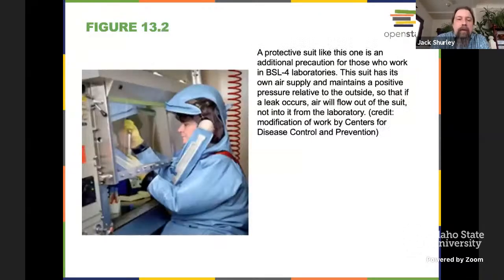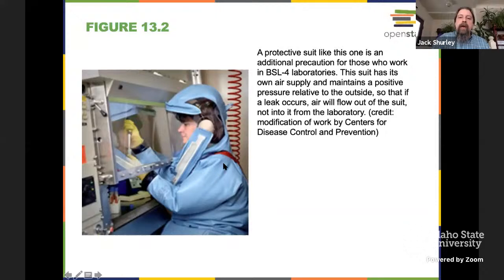So we ended the last unit of material, or almost ended, where we were talking about some of the BSL-4 and working with pathogens like maybe Ebola virus. This is a mechanism that ensures, or hopefully ensures, that the individual is protected from whatever it is they're working with. And in the hood, where they're doing their manipulation of organisms, where they're doing their science, oftentimes we see a negative pressure, where it keeps the air in, sucking in to prevent anything from coming out of the hood.